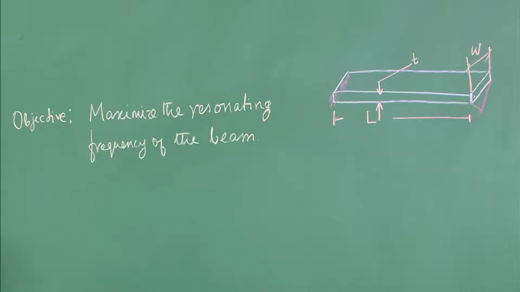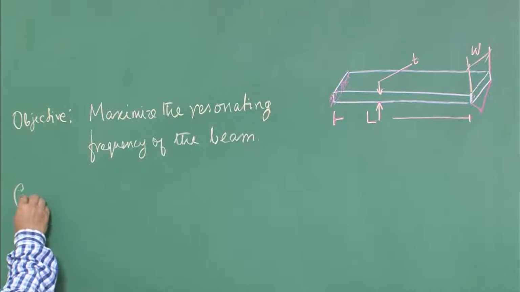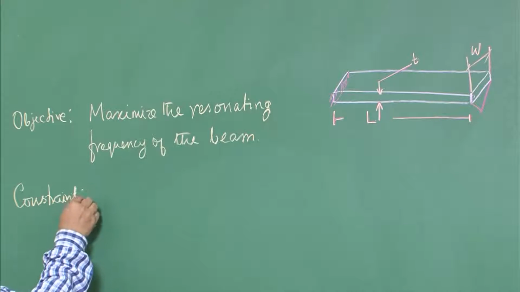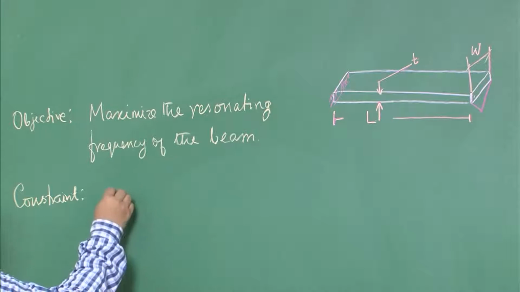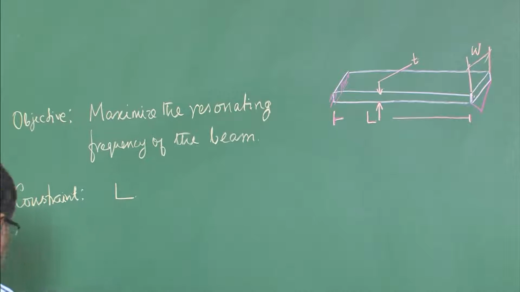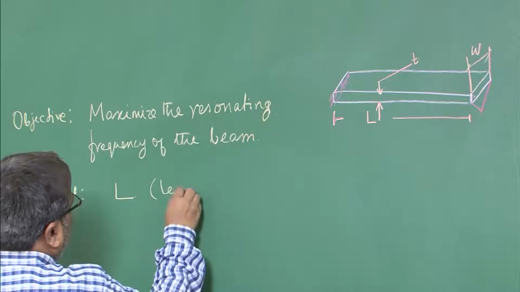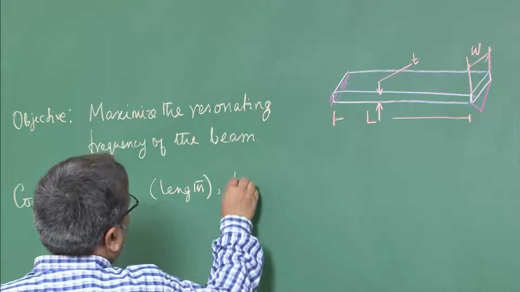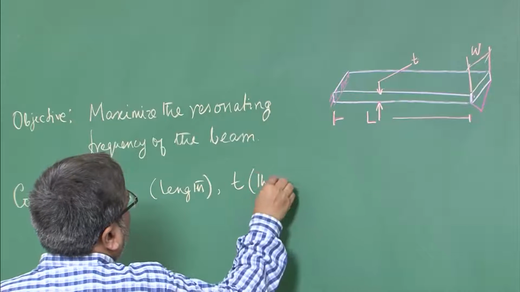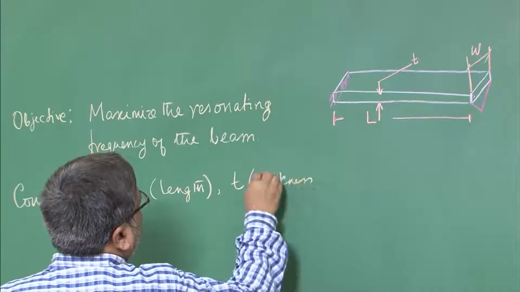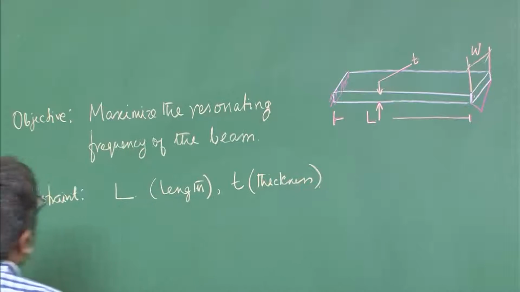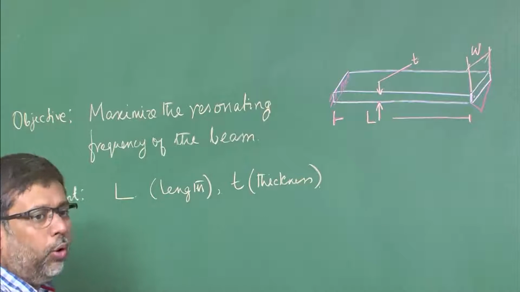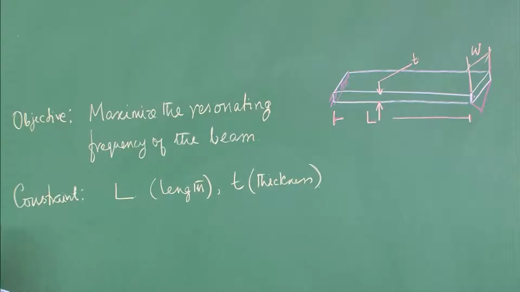And what are the constraints for us? Well, length is of course a constraint. We may put thickness also as a constraint, because if it is too thick, it is difficult to really use this probe for scanning a system.